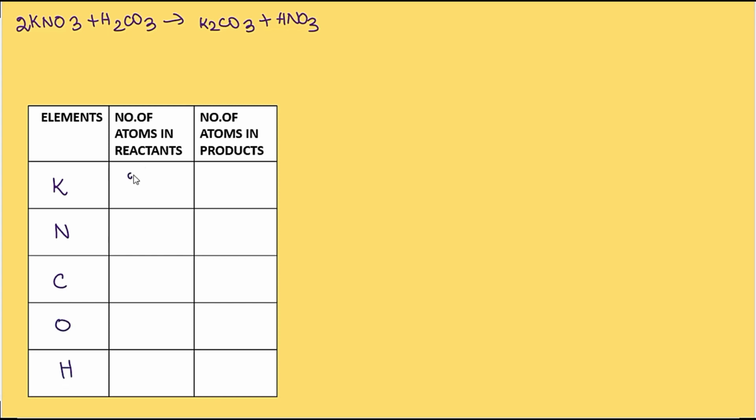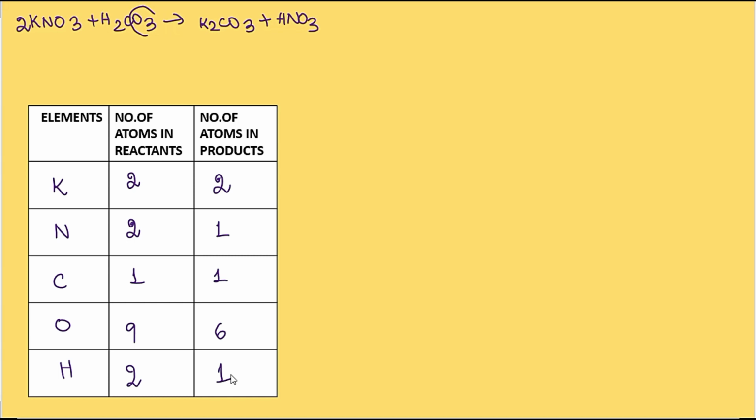So potassium now 2, nitrogen 2, oxygen here 2 into 3, that is 6, plus 3, that is, oxygen has 9 atoms, carbon has 1 atom and hydrogen has 2 atoms. In the product side, potassium has 2 atoms, nitrogen has 1 atom, carbon has 1 atom, oxygen has 6 atoms and hydrogen has 1 atom.